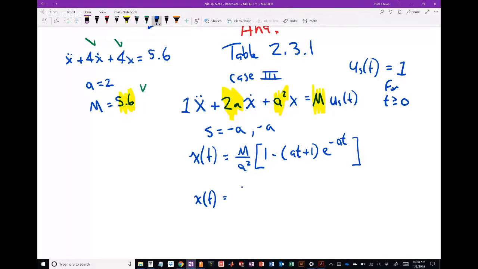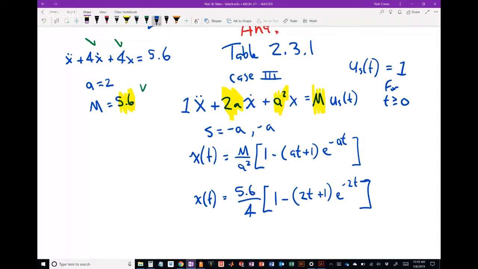X of t, let's see, m is 5.6 over 4, times 1 minus 2t plus 1, e to the negative 2t.